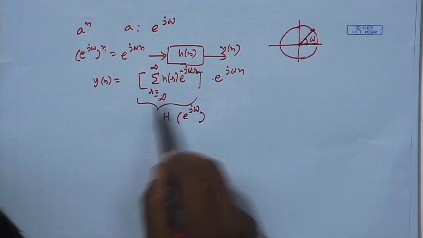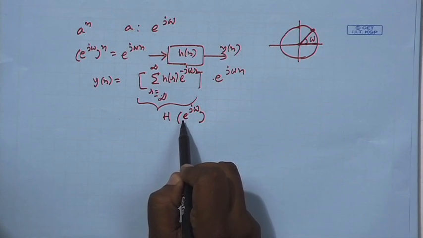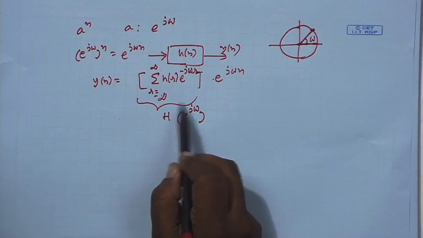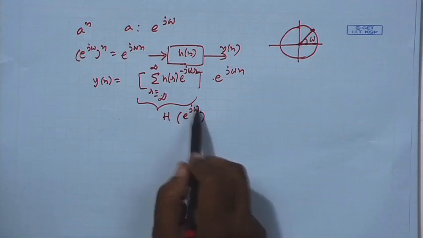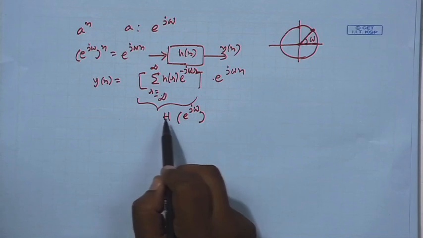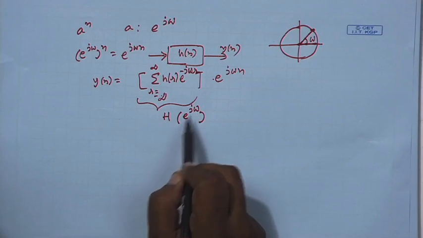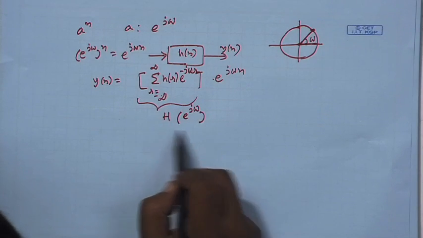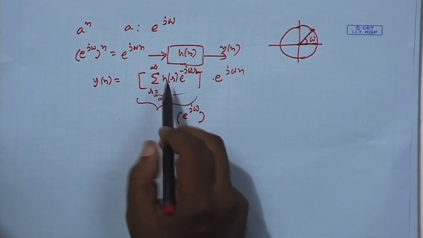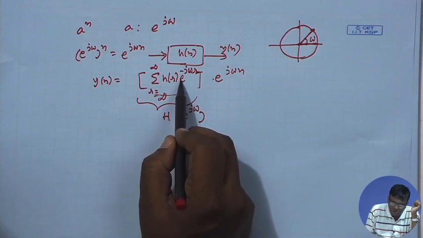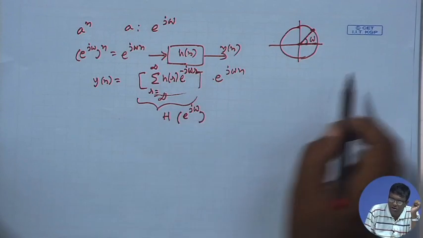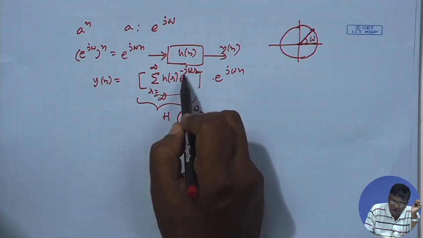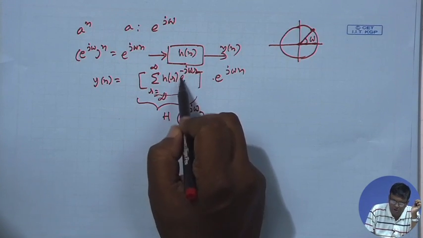Now, you see, actually it is a function of small omega, because e is a universal constant, the exponential, and j is square root of minus 1, also a universal constant. So, if you have to plot it, you can plot only versus omega. But instead of writing it as a function of omega, we write it as a function of e to the power j omega, just to emphasize that in this expression we get a power series: e to the power j omega, e to the power j twice omega, e to the power j thrice omega, e to the power minus j omega, e to the power minus j 2 omega, e to the power minus j 3 omega.